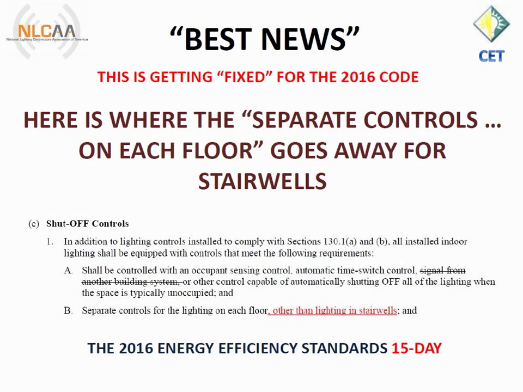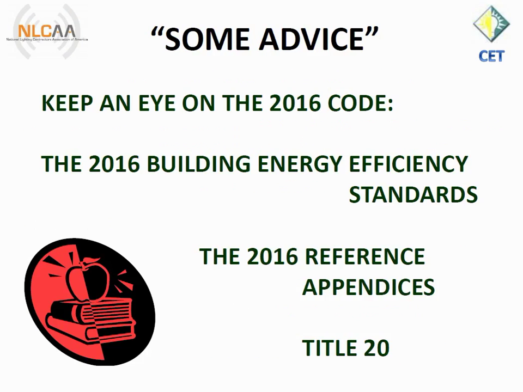And separate controls per floor will no longer be required in stairwells because, what did that mean anyway? That's just strange. Remember, as this material is being prepared, you are still suffering under the 2013 Building Energy Efficiency Standards, but pay attention to what field technicians have to inspect for acceptance testing.